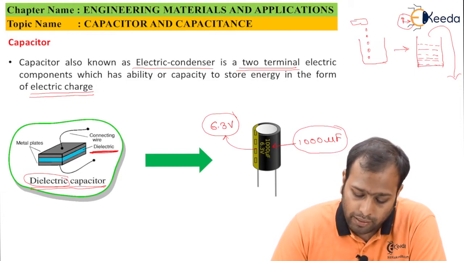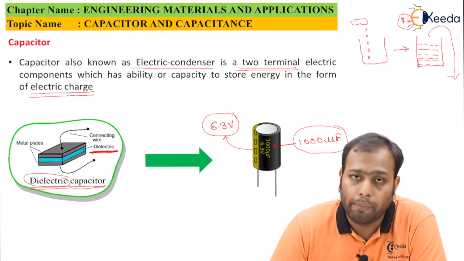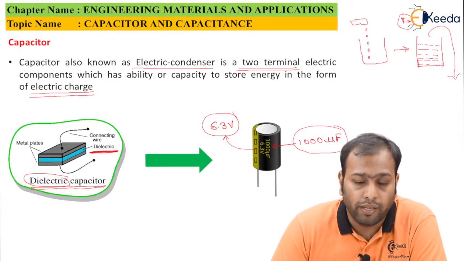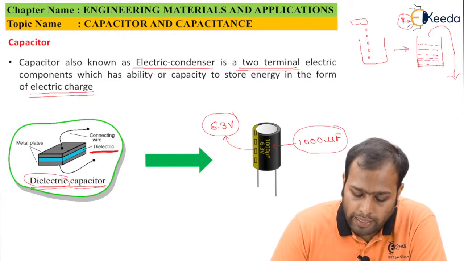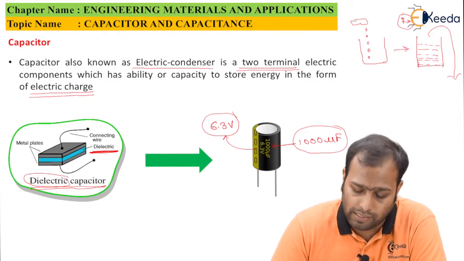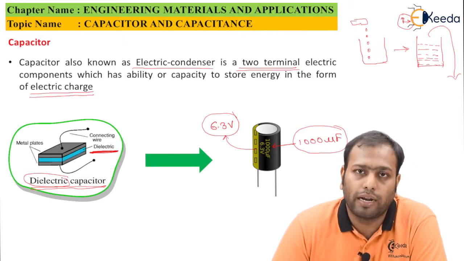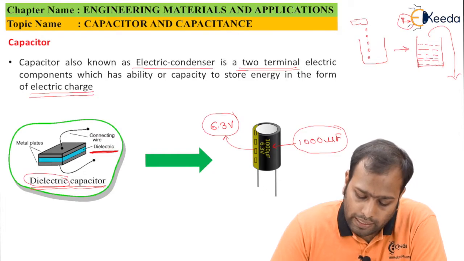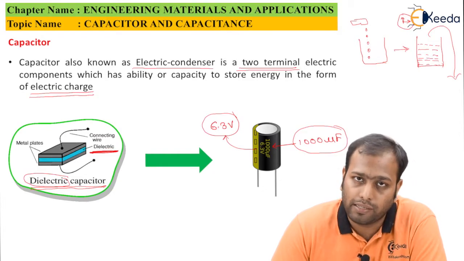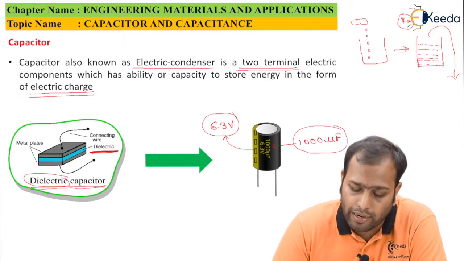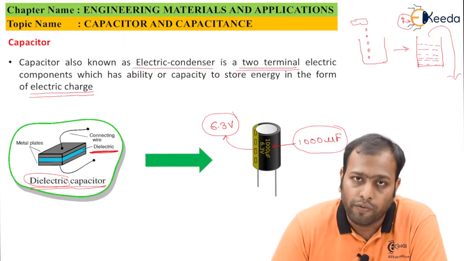A capacitor is like an empty bucket which gets filled with an amount of electricity or current. It keeps on storing the current within itself till the point when the capacitor's capacity is reached. So once the capacitor reaches its capacity to hold any more electric field or any more electric current, it does not charge further.